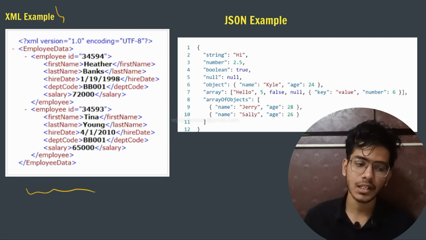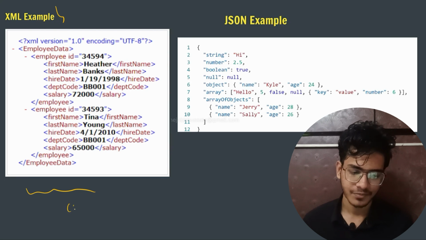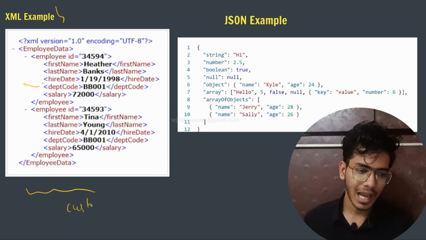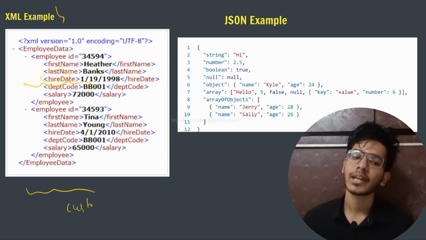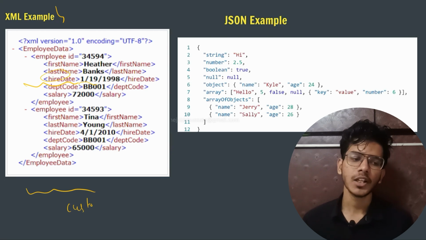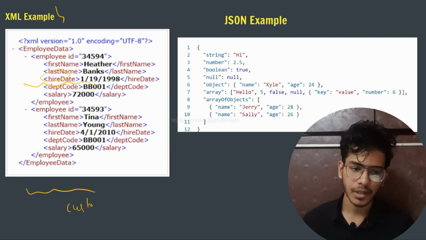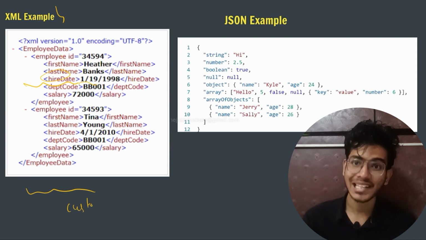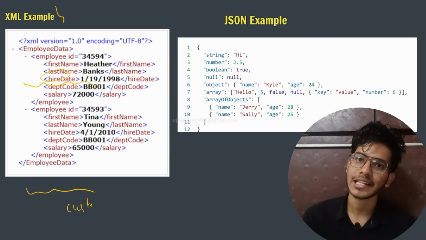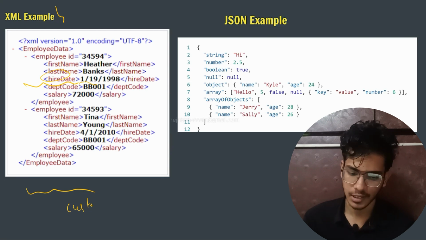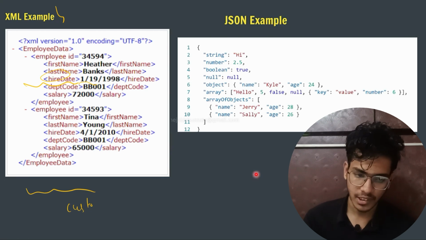But here we'll have customized tags. For example, we can create our own tag like hire date. But compared to XML, JSON looks good and is easy to understand. We'll have key value pairs, and in simple terms we can understand each and everything. Okay, got it. Now let us move to the next slide.